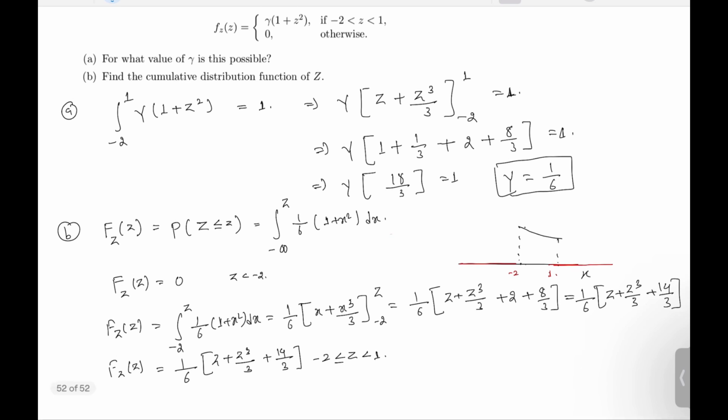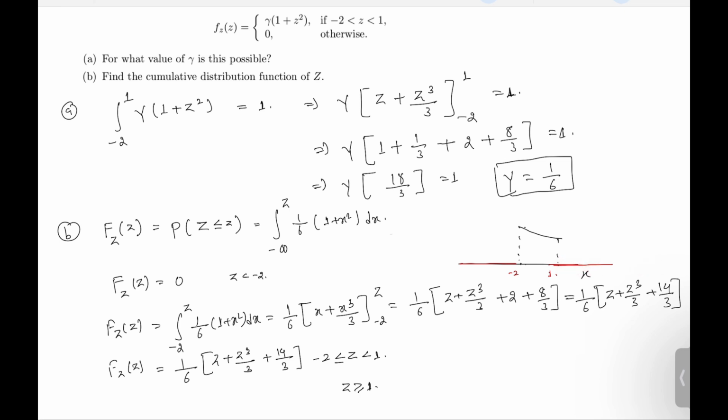And for z greater than or equal to 1, sorry, for z greater than or equal to 1, we will be taking any point that is greater than 1, so z could be anywhere, right?